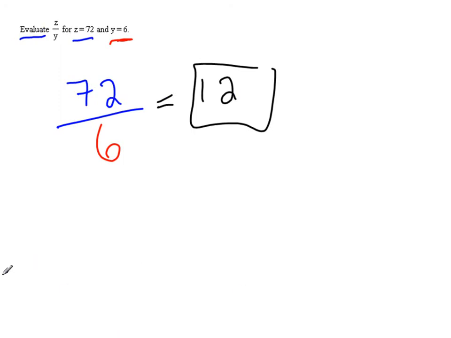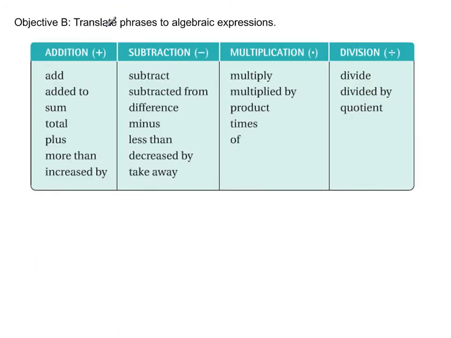The next objective that we have is B, in which we're going to translate phrases to algebraic expressions. Here we have addition, subtraction, multiplication, and division. And there are some keywords that represent what each operation can mean in words.